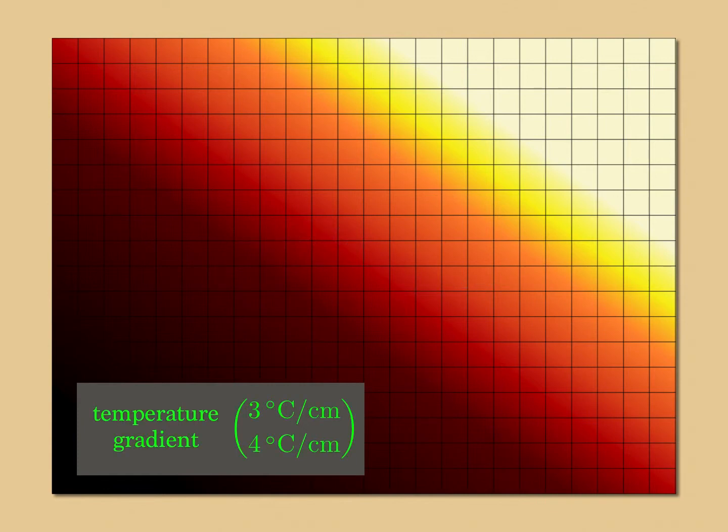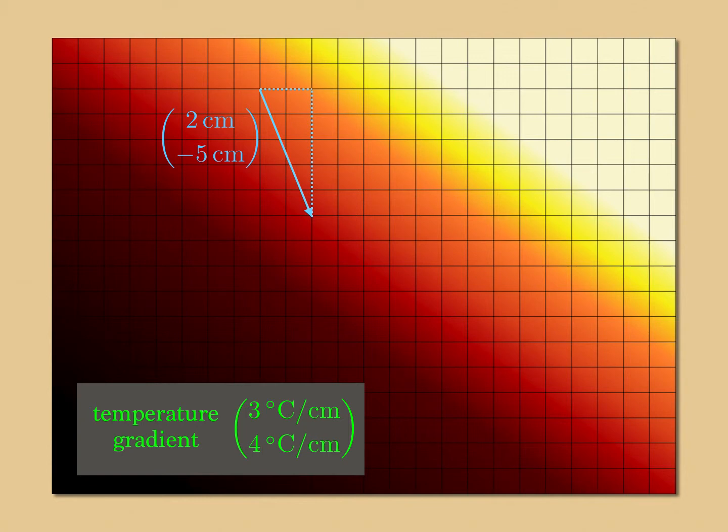Nevertheless, the temperature gradient allows us to find the change in temperature along any translation vector in the plane. Let's say from some starting point, we move 2 steps to the right, then 5 steps down. This is the translation vector (2, -5). In each of the horizontal steps, we will have gained 3 degrees Celsius, and in each of the vertical steps, we will have lost 4 degrees Celsius.